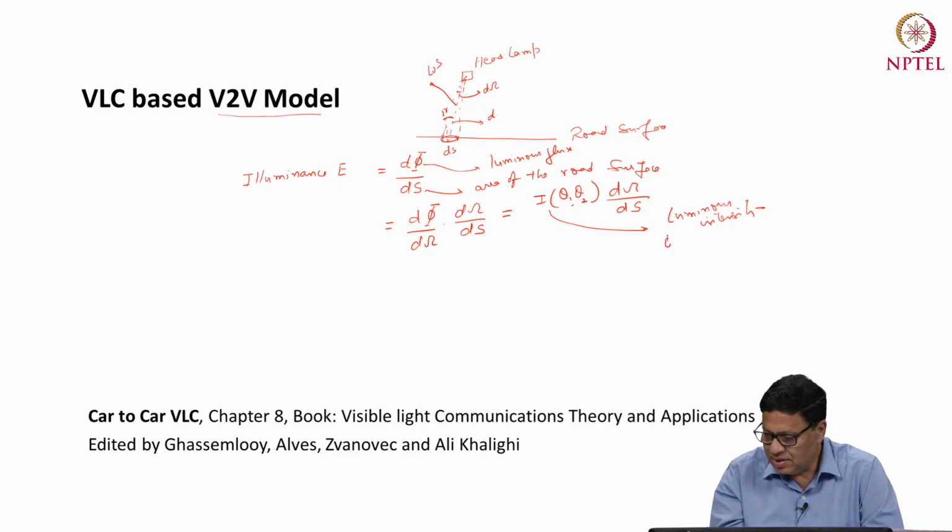And theta 1 and theta 2 are the horizontal and vertical angles with respect to the axis of the headlamp.